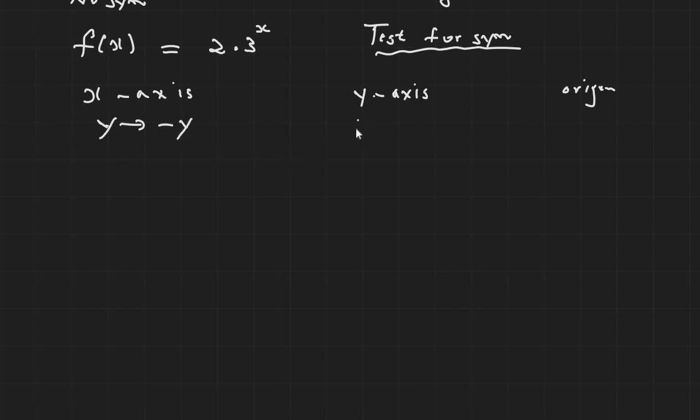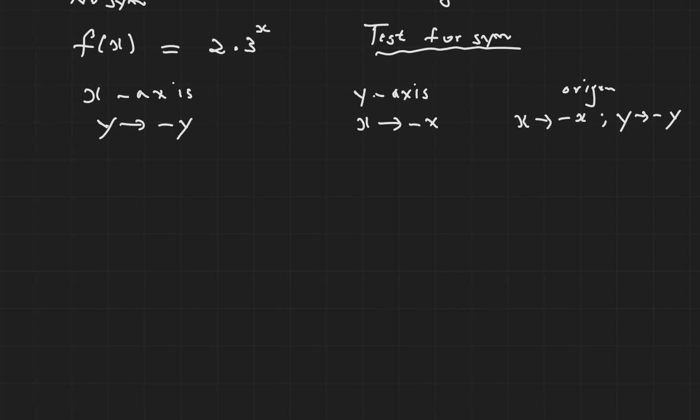For the y-axis, we swap x for negative x. And for the origin, we do both. X for negative x, y for negative y.